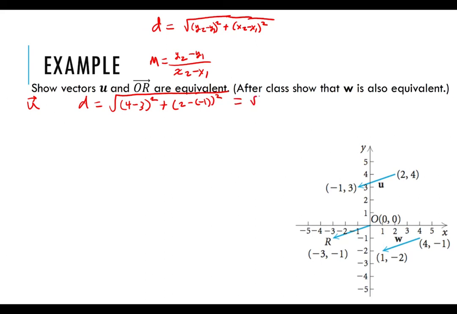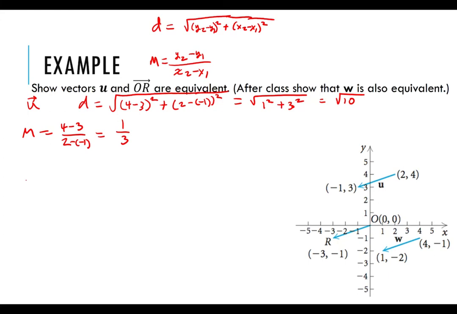Then we get that this is the square root of 1 squared plus 3 squared. 1 squared is 1, 3 squared is 9, 1 plus 9 is 10, root 10 is the length. Well then, let's check the slope. Slope is just going to be 4 minus 3 divided by 2 minus 1. And I get that's 1 over 3, and so there's our slope.